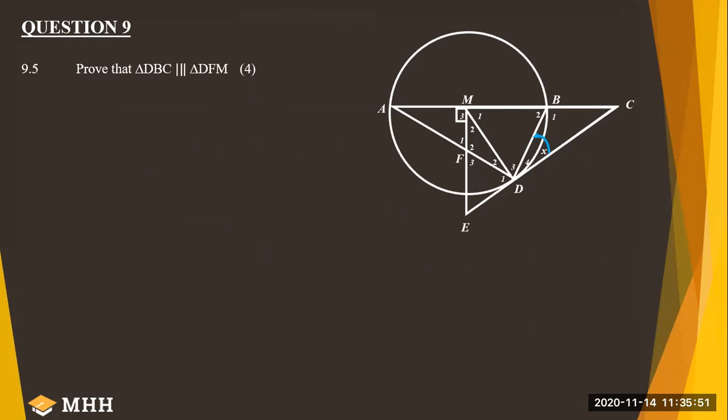It also asks us now to prove that triangle DBC is similar to triangle DFM. Right, so to work with similarity, we just need to figure out 3 angles. Okay, so again, we need to just quickly fill in the X's there. Now try and look for the triangles first.